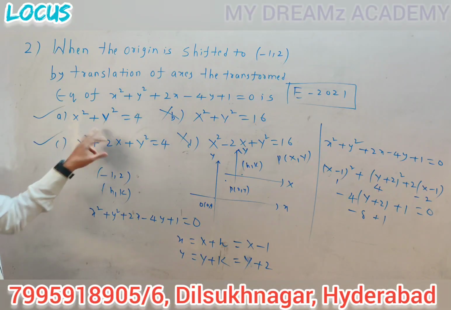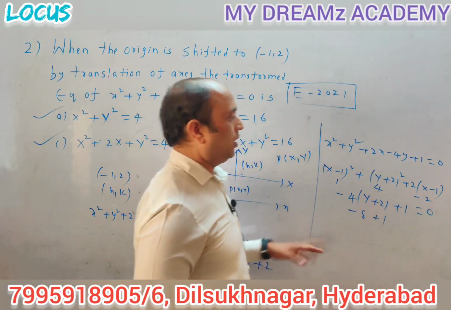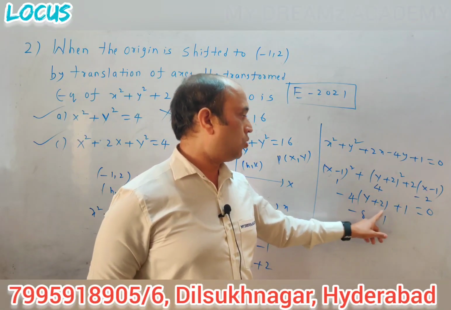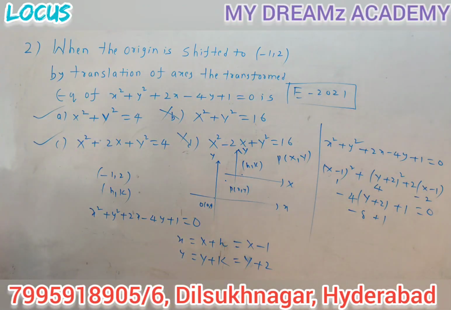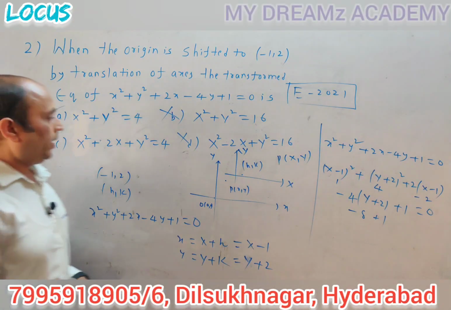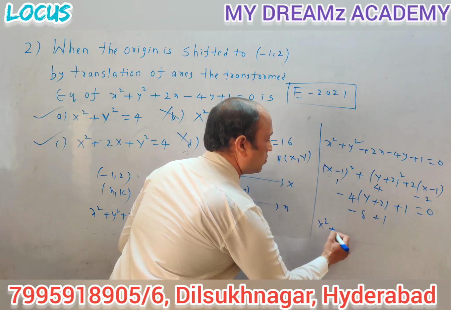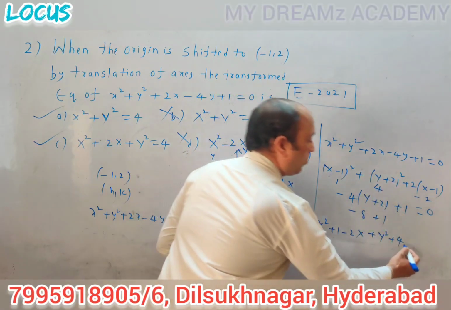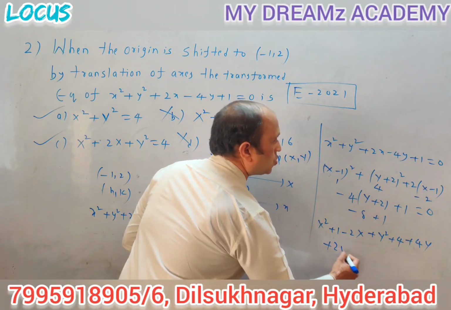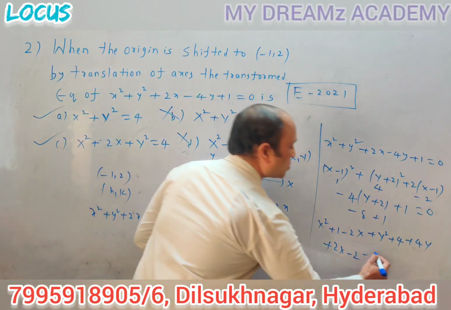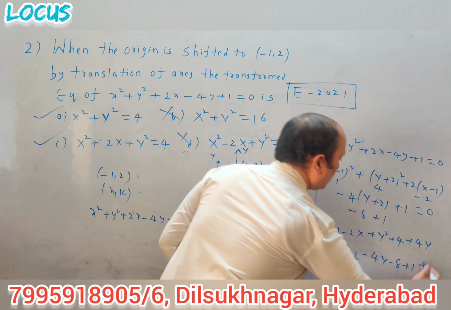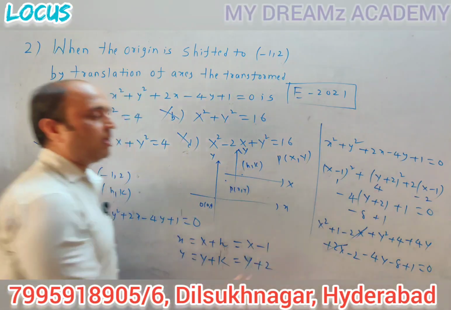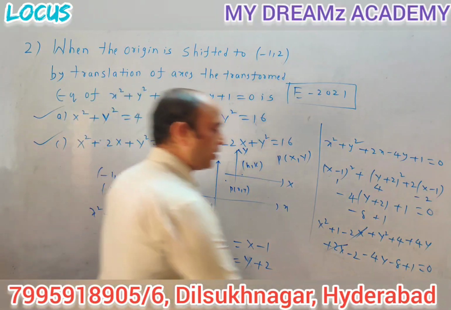So x square plus y square. After simplification: (X minus 1) whole square plus (Y plus 2) whole square plus 2 into (X minus 1) minus 4 into (Y plus 2) plus 1 equals 0. Simplifying, X square plus 1 minus 2X, plus Y square plus 4 plus 4Y, plus 2X minus 2, minus 4Y minus 8 plus 1 equals 0. The X terms get cancelled, and the Y terms also get cancelled.